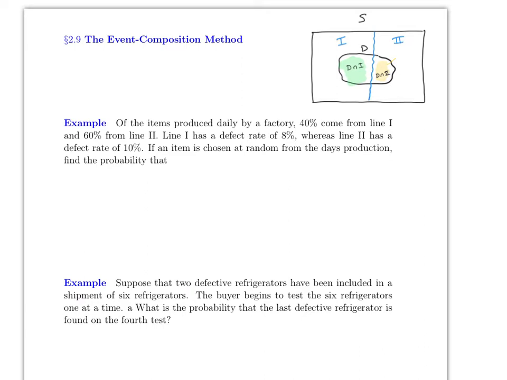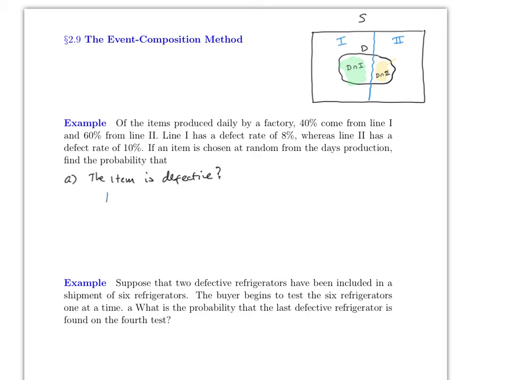And line 1 has a defect rate of 8%, whereas line 2 has a defect rate of 10%. If an item is chosen randomly from the day's production, find the probability, let's say, that the item is defective. Okay, so that's what we want to find.